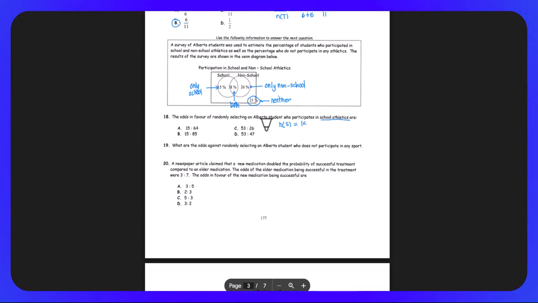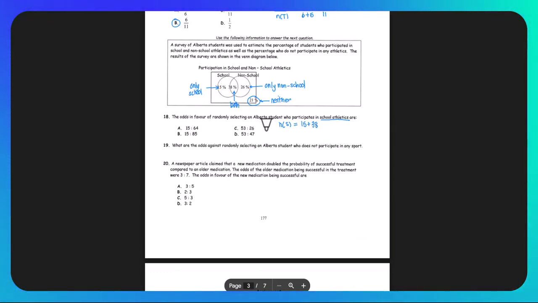So it's 15 plus 38, because even though these guys in this region take both, that means that 38% still take school that have not been included by this 15. So we have to add these both together. So when we do that, we get 53 out of 100 people take school-based activities.